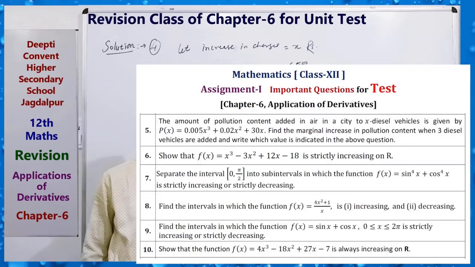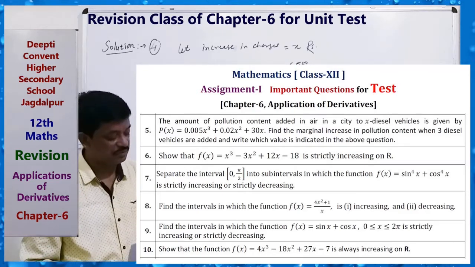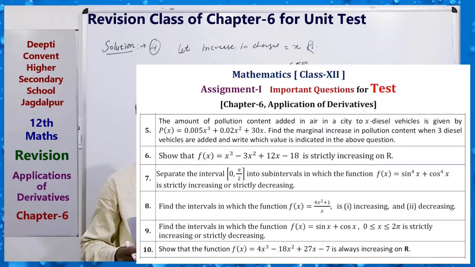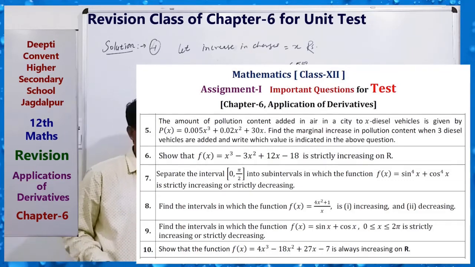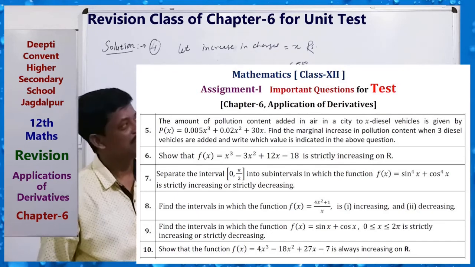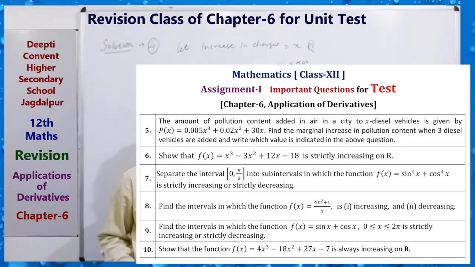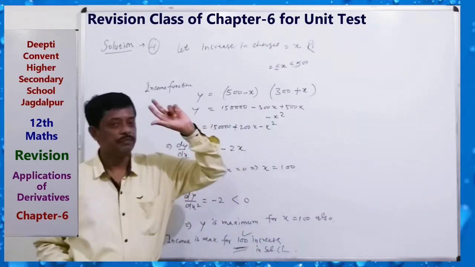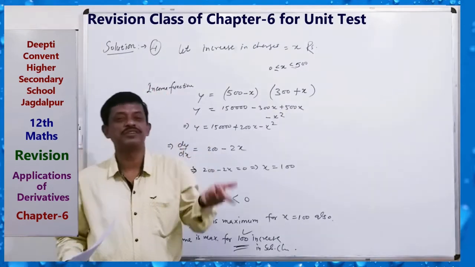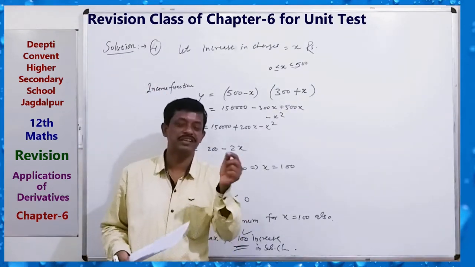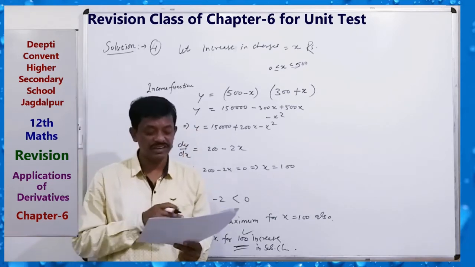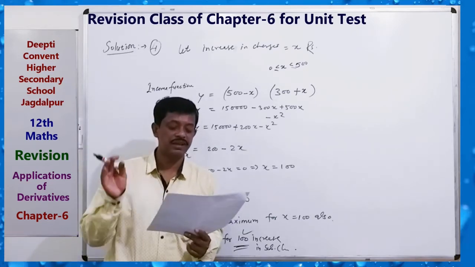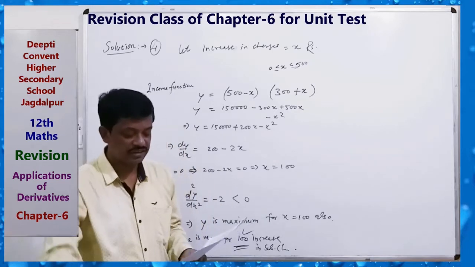Whenever the word marginal arises, you only have to differentiate. So differentiate Px, dPx by dx, and then put x equals to 3, since 3 diesel vehicles means 3. Then you get the result.